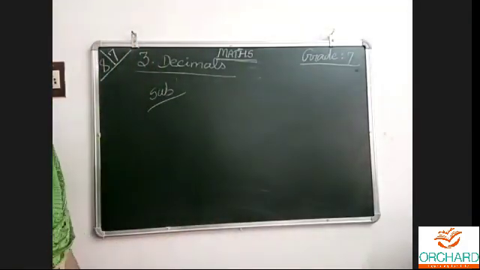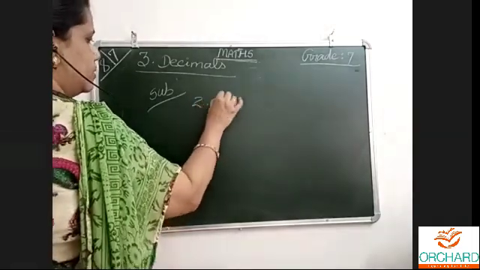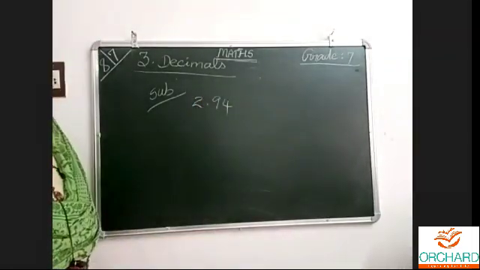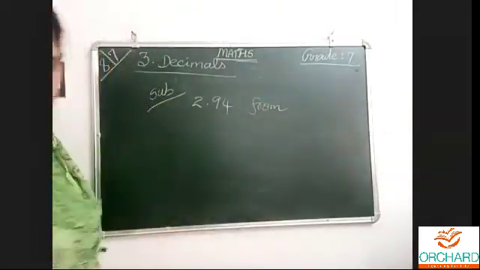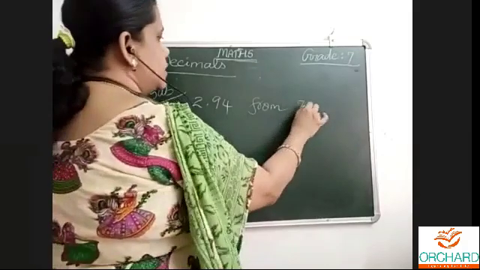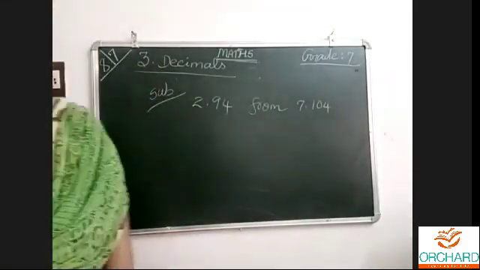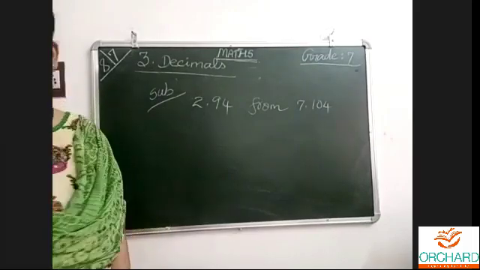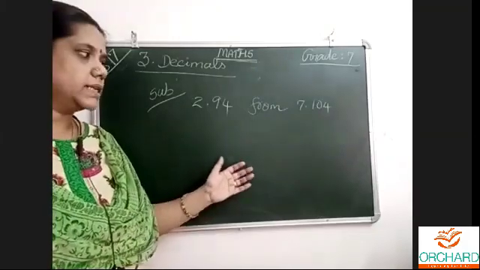Subtraction. Since I have taken 6th standard last year, I know. 2.94 from 7.104. This time in the book we don't have addition and subtraction of this. Simply I am teaching you to know. Only example sums are there.